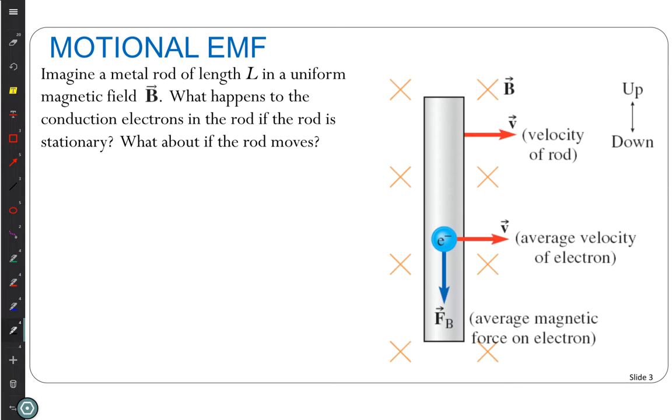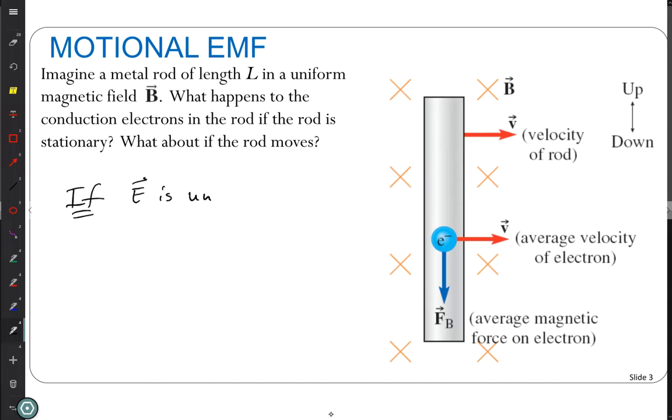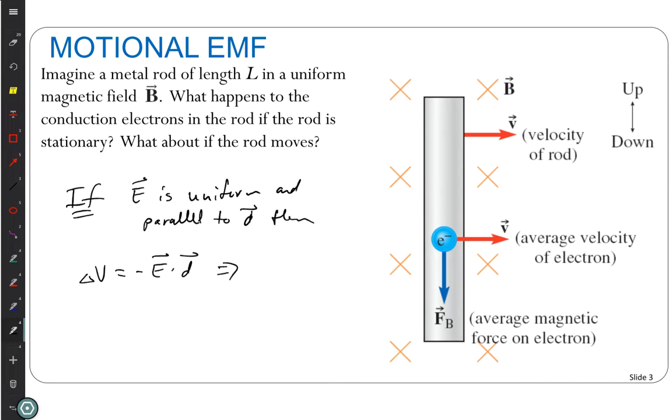And so you're going to set up an electric field in there, and so that electric field is then going to be a uniform electric field, and you can calculate the voltage just by, and this was on your test, if electric field is uniform and parallel to D, then our equation that delta V is equal to minus E dot D gives us that, well, in that problem, we were calculating the electric field.